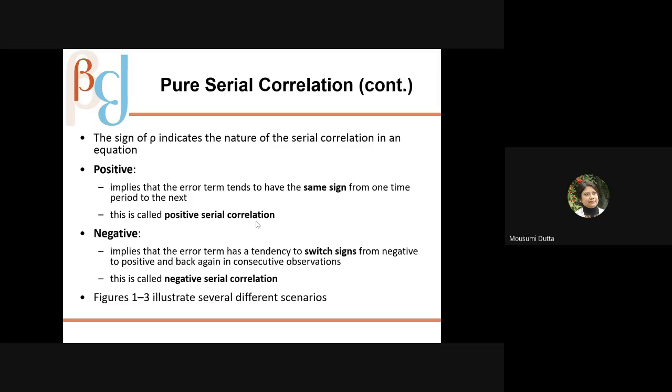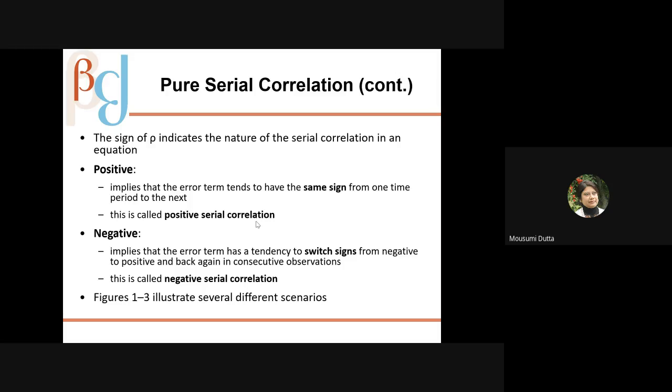The sign of rho indicates the nature of serial correlation in an equation. Serial correlation may be positive or negative. What is the meaning of positive serial correlation? This implies the error term tends to have the same sign from one time period to the next. If this happens, we call it positive serial correlation.